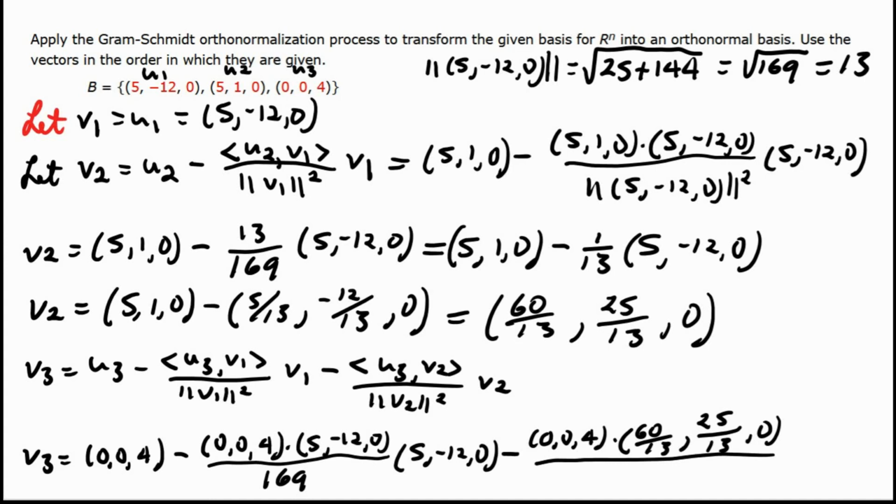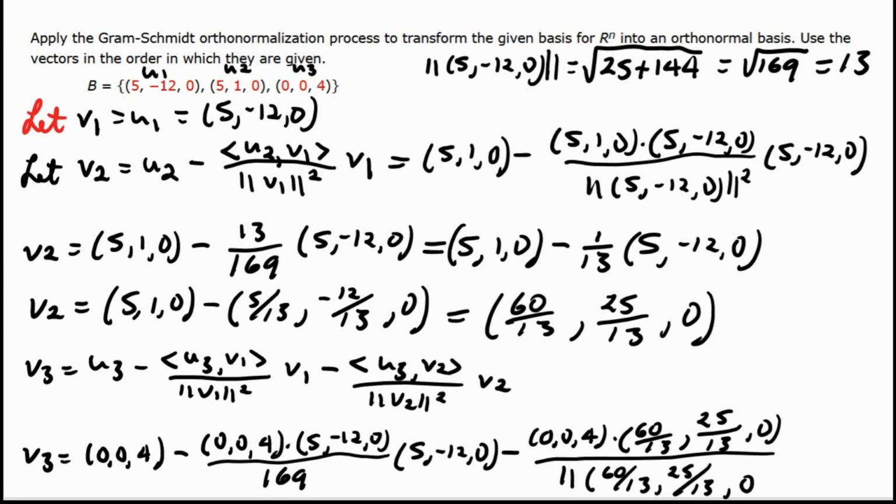I'm not going to find it, because this dot product is going to give me 0 anyway. So the norm of (60 over 13, 25 over 13, 0) times v sub 2.